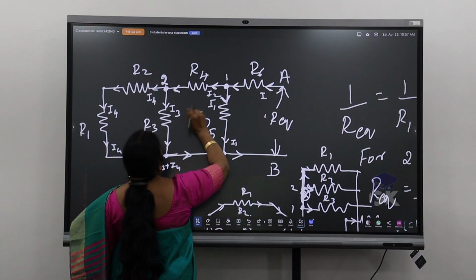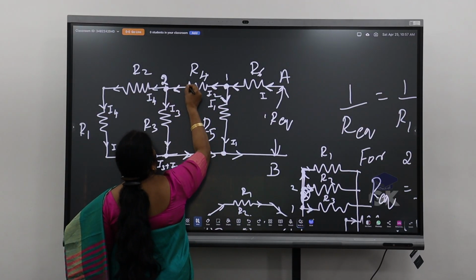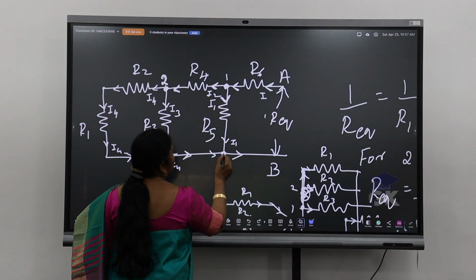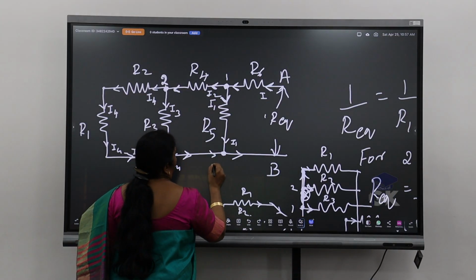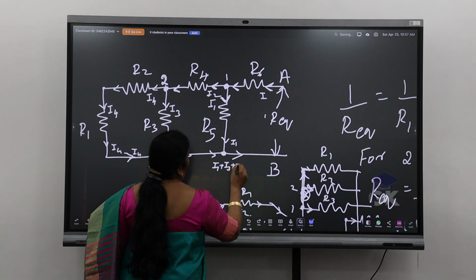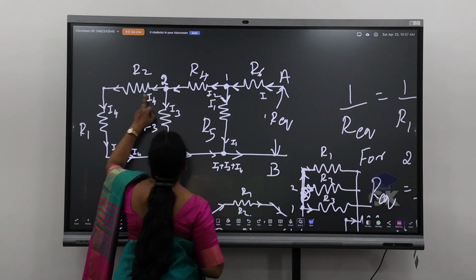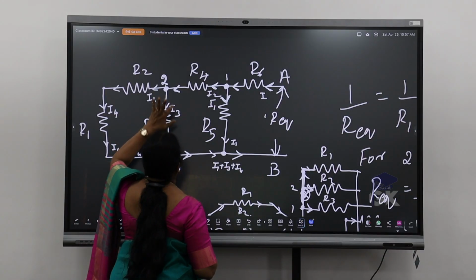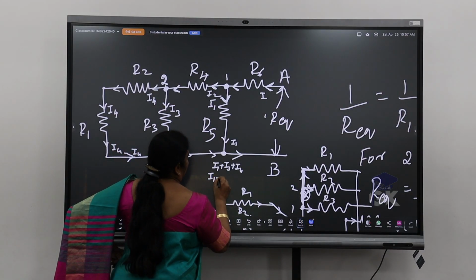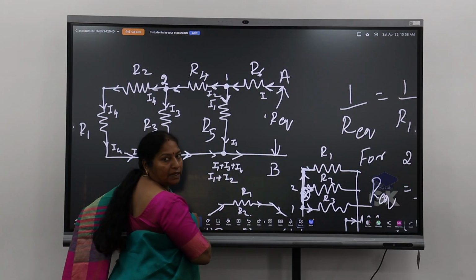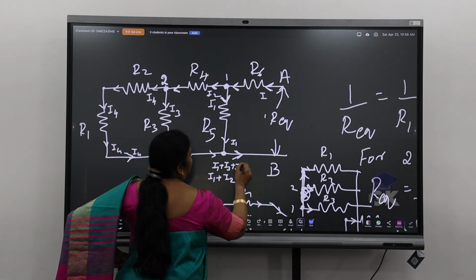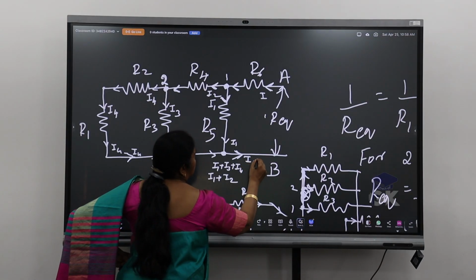Here, I2 is coming. Now here at this point, I1 plus I3 plus I4. Now you just connect here. What is this? I3 plus I4 is equal to I2. Correct? So now at this point, again I can say I1 plus I2.